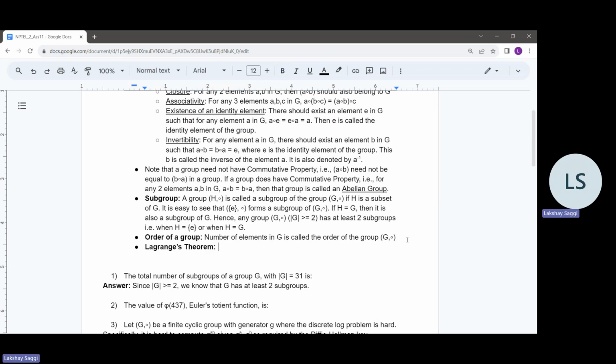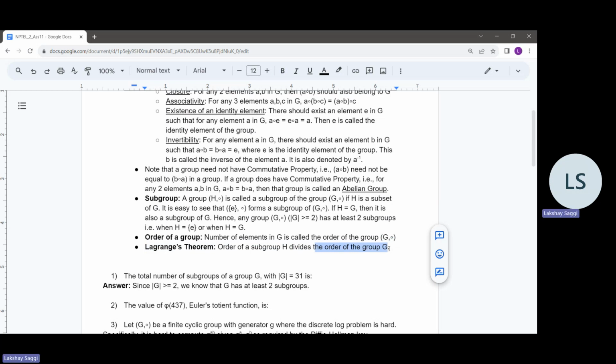It says that the order of a subgroup H divides the order of a group G. What does this mean? If H is a subgroup of the group G, then the order of that subgroup H should divide the order of that group G.